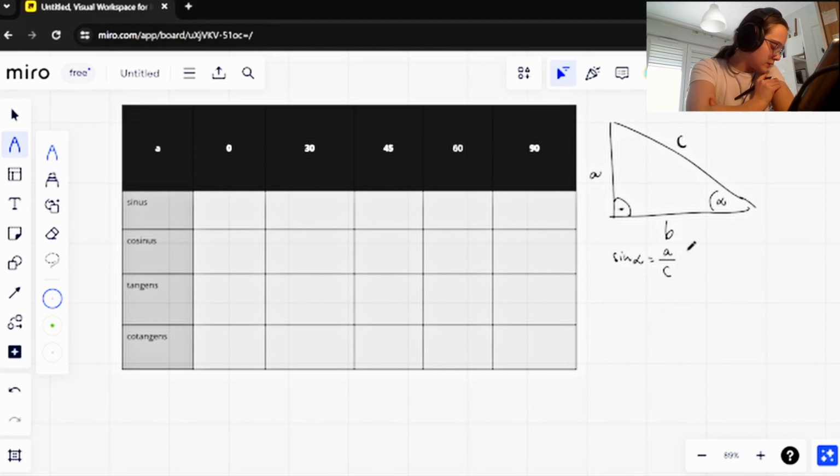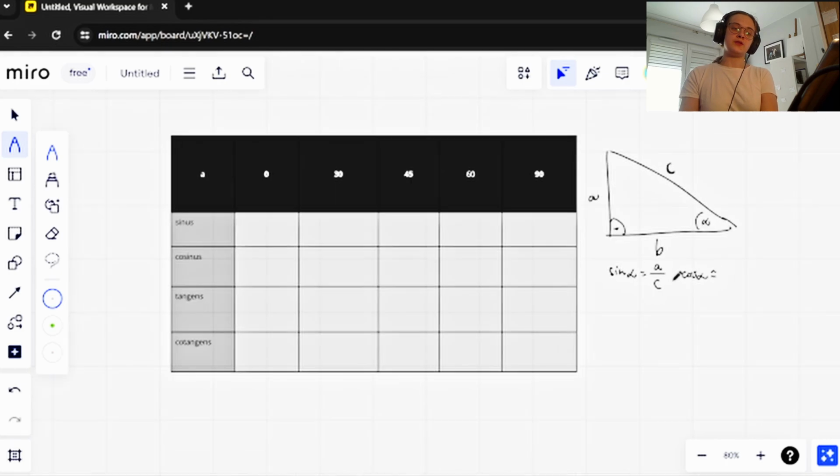So, cosinus. All the formulas are in pairs. There's sinus and cosinus, and tangens and cotangens. Both pairs are formulas that are opposite of each other.